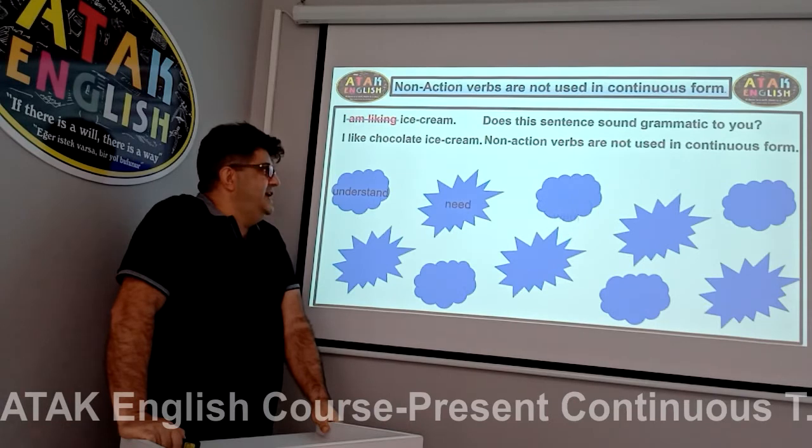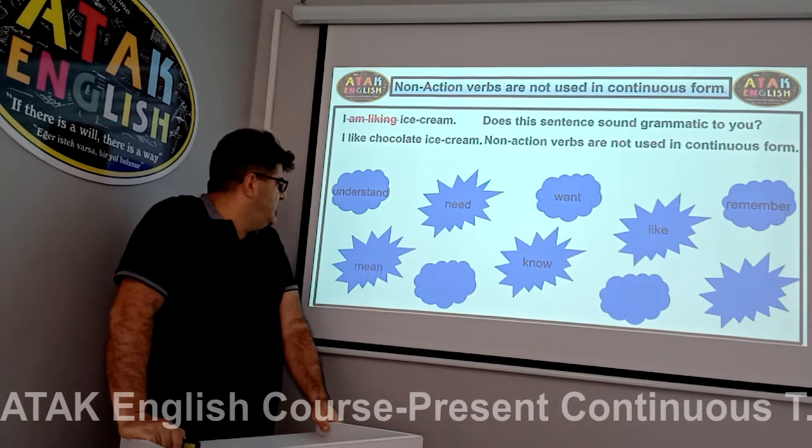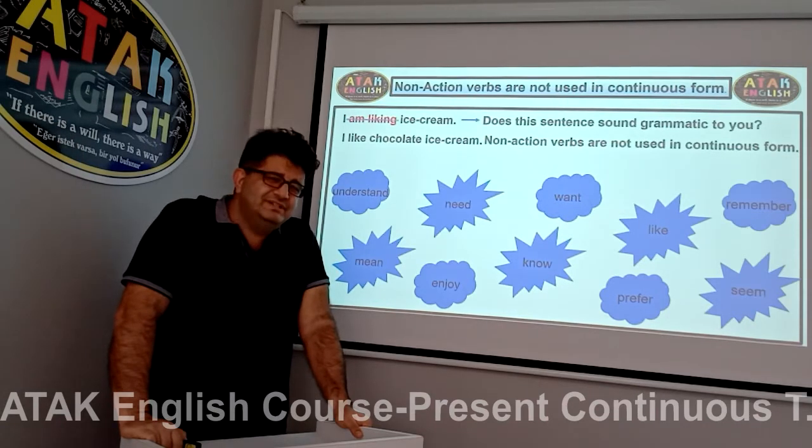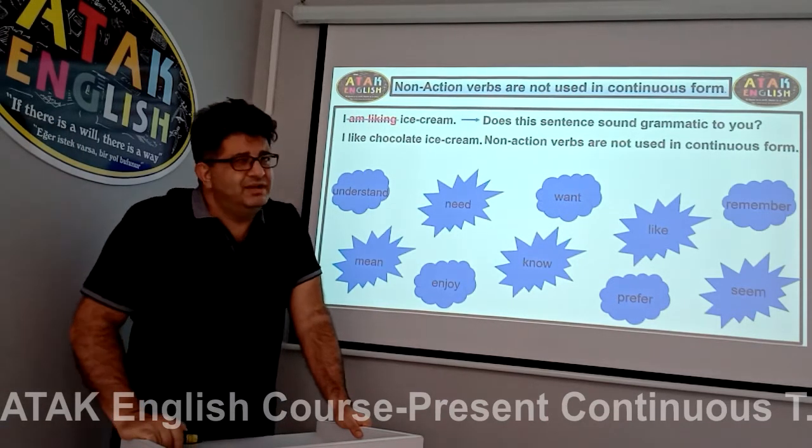Understand, need, want, remember, like, know, mean, enjoy, prefer, seeing, and some other verbs are not used in continuous forms because they are non-action verbs, except for exceptions, and we're not going to get into that right now.